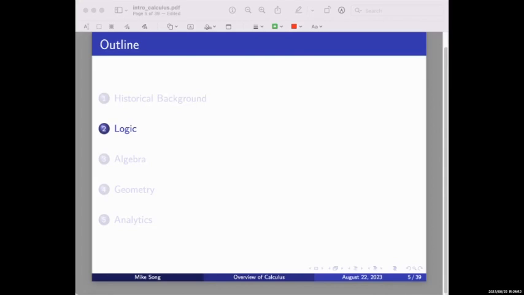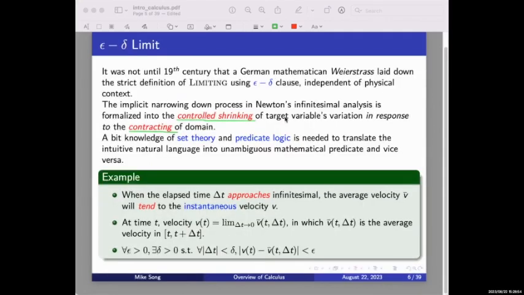It was not until the 19th century that a German mathematician, Weierstrass, laid down the strict definition of limiting using the epsilon-delta clause. By the epsilon-delta clause, the implicit narrowing-down process in Newton's infinitesimal analysis is formalized into the controlled shrinking of the target variable's variation in response to the contracting of the domain.